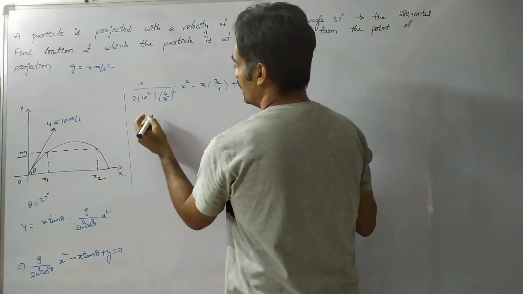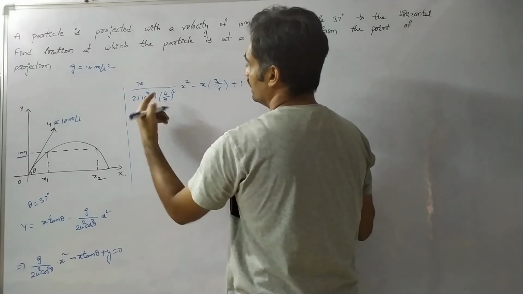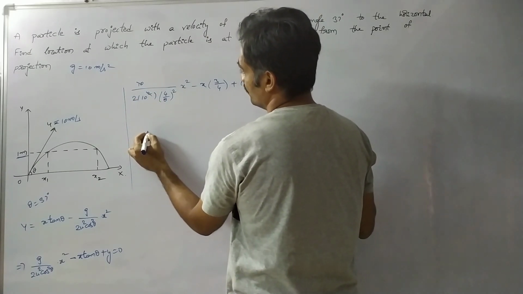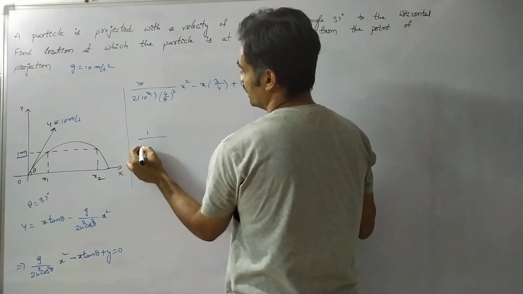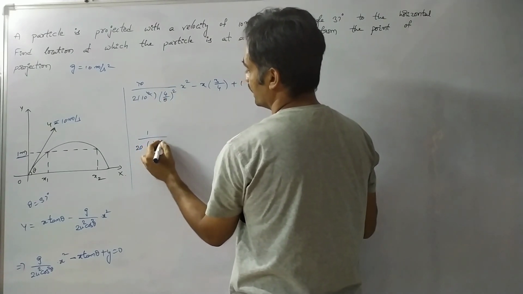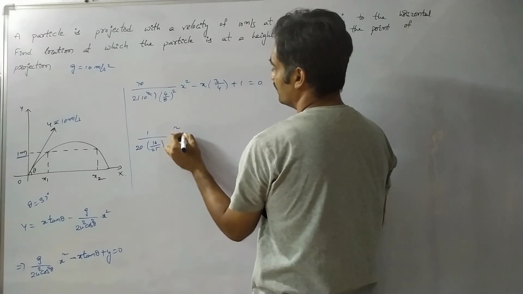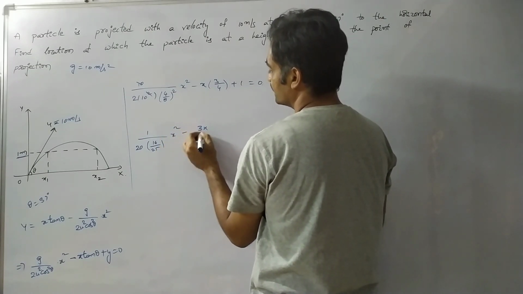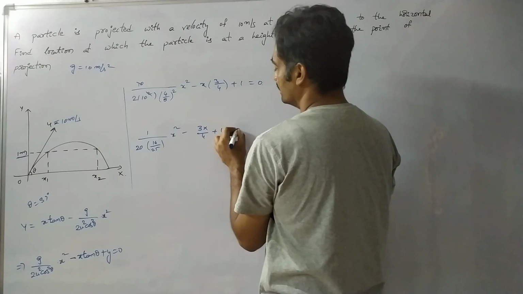So here as you observe, the 10 gets cancelled and we can represent it as 1 by 2 into 10, nothing but 20, into 4 square is 16 by 25 into x square minus 3x by 4 plus 1 is equal to 0.